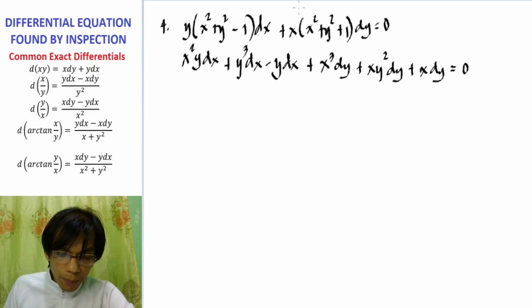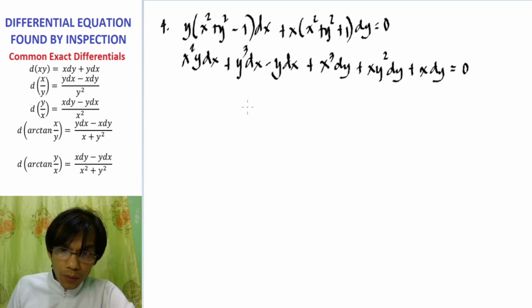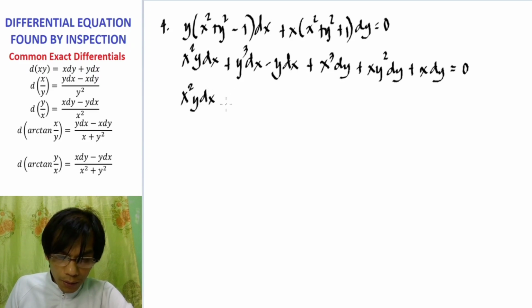Now, what we have to do is group. How's the grouping of this one? We have x squared y dx plus x cubed dy. So this is one group.